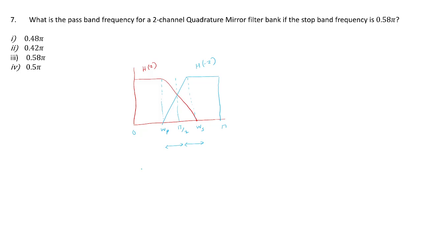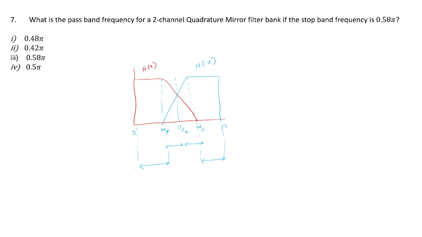Not only that, this gap, which corresponds to 0 to WP, though it's not very much visible in the drawing, should be equal, because this is just a mirror version of each other with respect to the frequency pi by 2. Therefore their pass bandwidth and stop bandwidth are equal only.